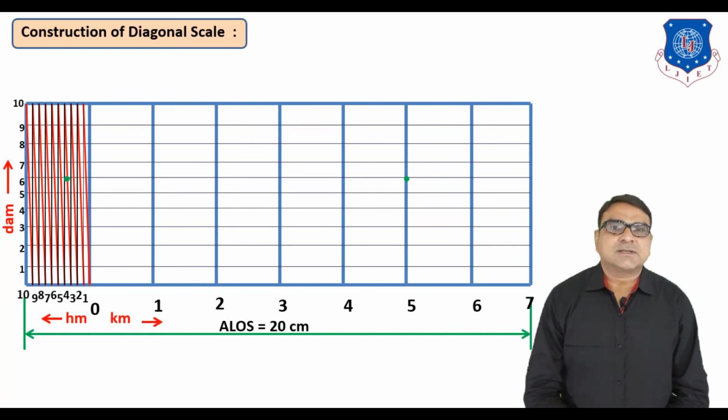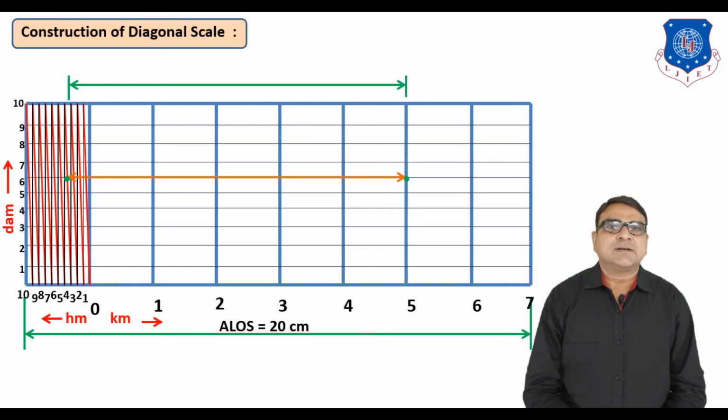The green dots represent the exact dimension of 5.36 kilometers. So you can insert an arrow like this to represent the dimension line and insert the measurement 5.36 kilometers.